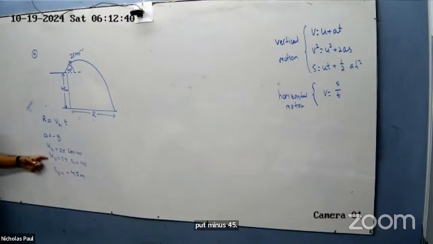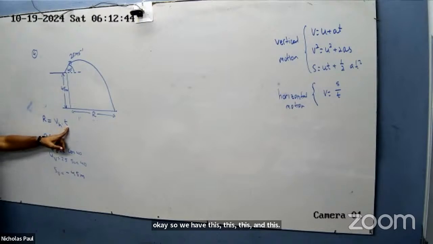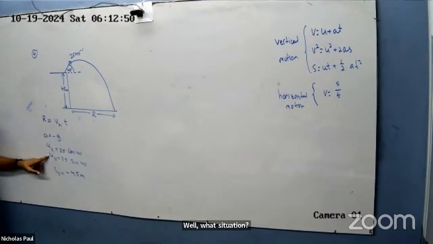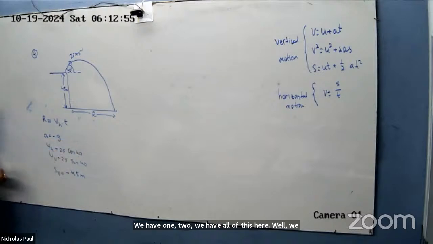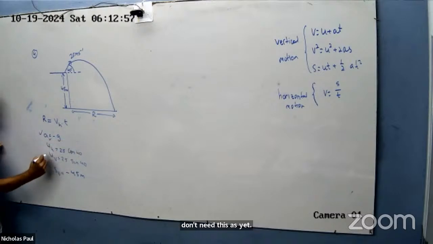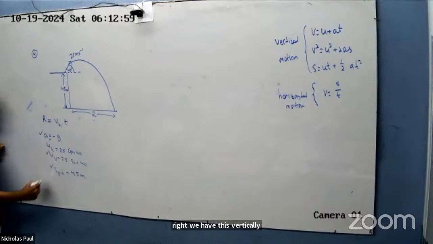So we have this, and this, and we need to get this. Which equation do we use to find t? We have this vertically, we have this vertically, we have this. So you're going to use equation 3. Very good.